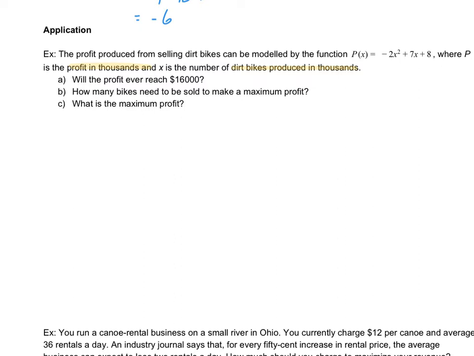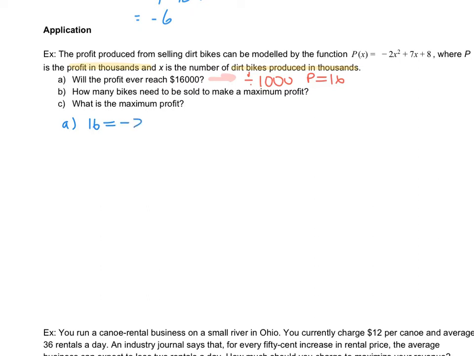So question 1, will the profit ever reach 16,000? So first of all, if the profit is 16,000 and we know P is the profit in thousands, we're going to take this 16,000 and divide it by 1,000 to actually get what we'd be plugging into our equation. So P is actually equal to 16. So now that I have that, I can set my equation equal to 16.